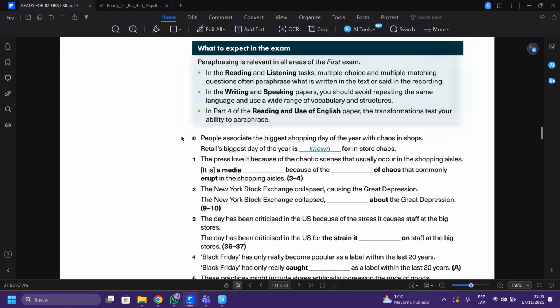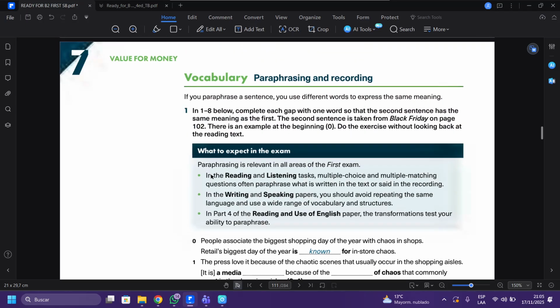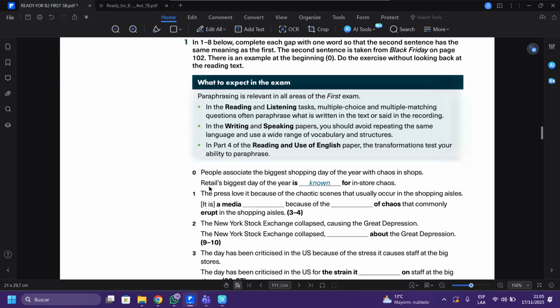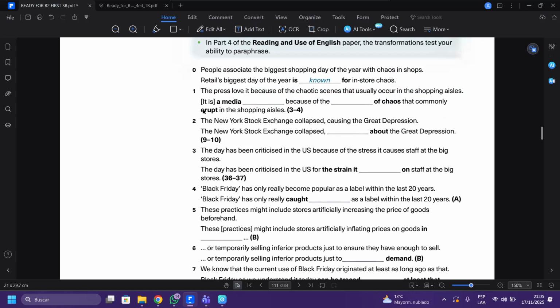In part 4 of the reading and use of English paper, the transformations test your ability to paraphrase. That is so important, because by paraphrasing you are going to record some useful vocabulary in your mind. It's a powerful strategy.